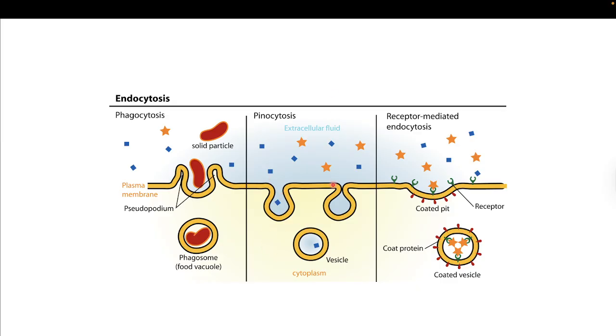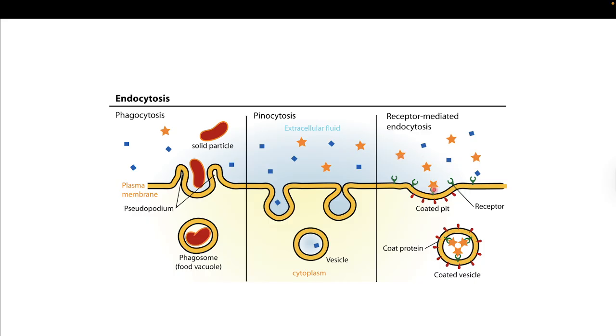So that's pinocytosis. And then there is receptor mediated endocytosis. If you see where my pointer is, these red markings, right? So these could be your clathrin. It's a protein that is intracellular to the cell membrane. So you first have receptors on the surface of the cell. These receptors are very specific to their ligands.